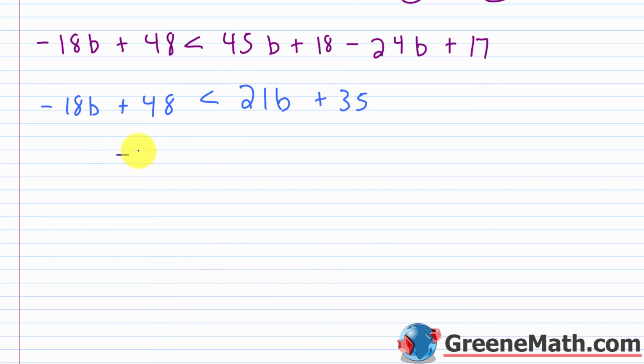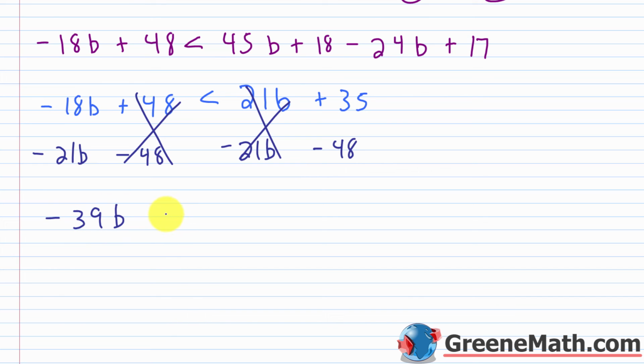So let me go ahead and subtract 48 away from each side of the inequality. So that's going to cancel. And let me also subtract 21b away from each side of the inequality. So that's going to cancel. If I do negative 18b minus 21b, that's going to give me negative 39b. And this is less than 35 minus 48 is negative 13.